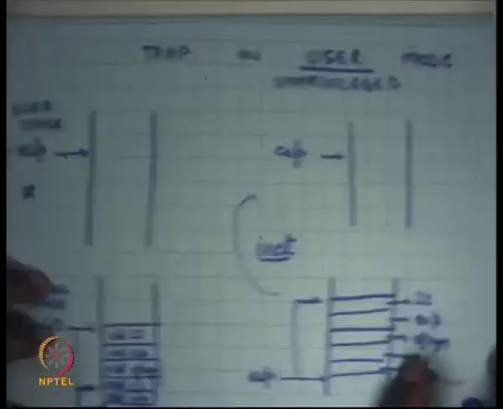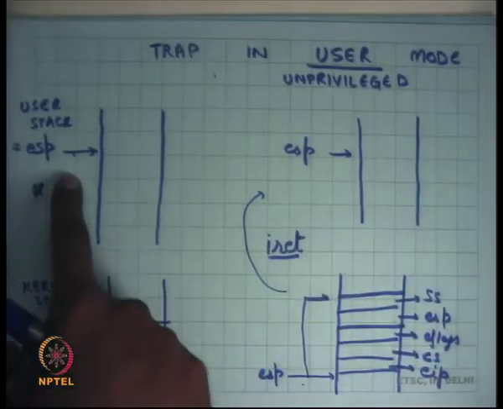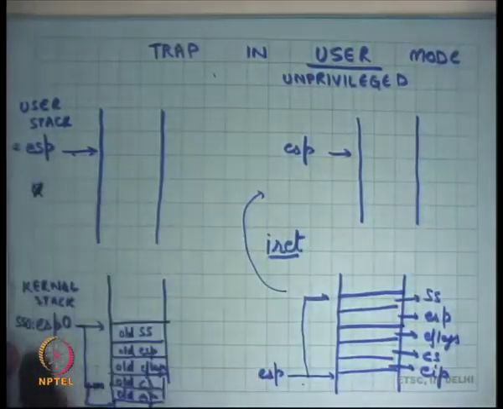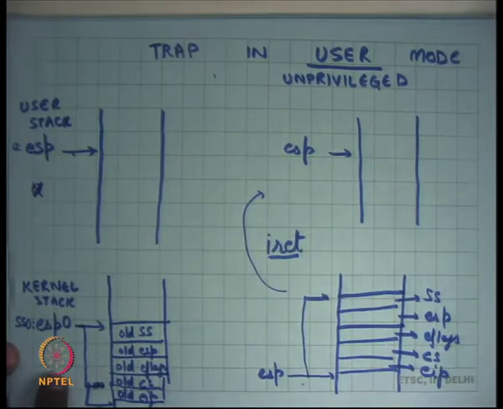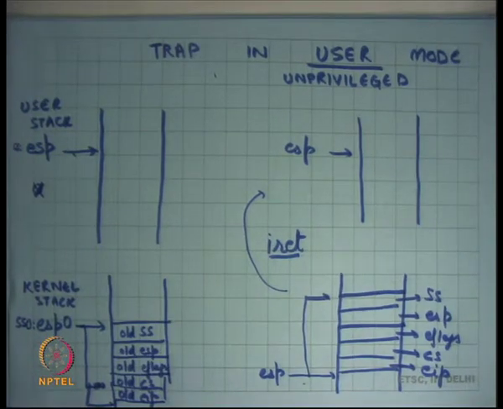All right. So in this figure, when I said that when a trap is received in user mode, I switch the stack to SS0 and ESP0, there is a minor matter of detail. Where does the hardware get these values, SS0 and ESP0, from? There needs to be some way of telling the processor these values.